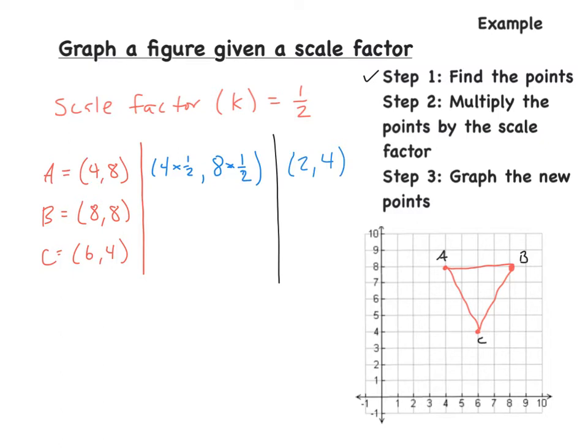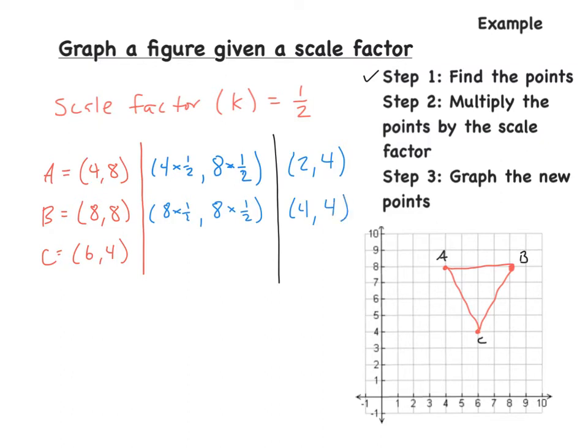Now we do the exact same thing with B and C. So we'll do 8 times 1/2, comma, 8 times 1/2. So 8 times 1/2 is 4. And 8 times 1/2 again is also 4.